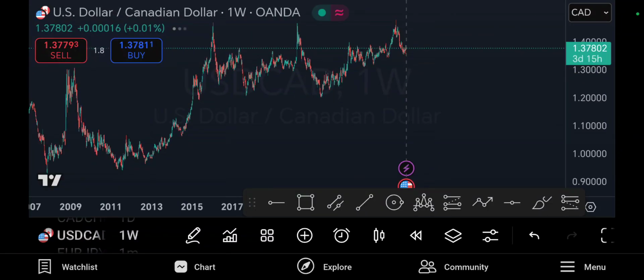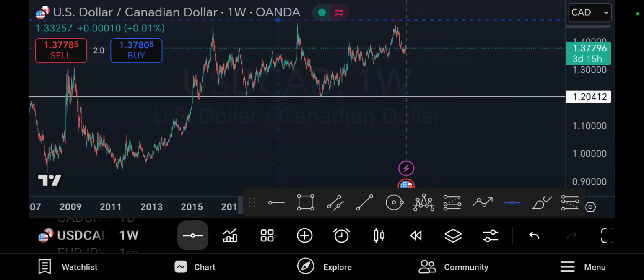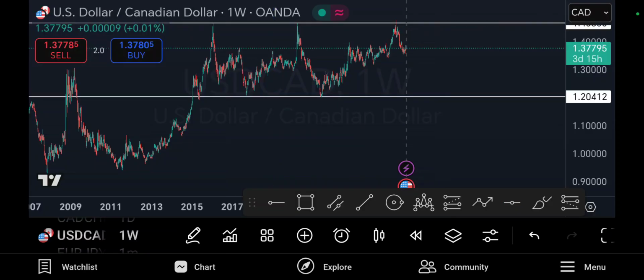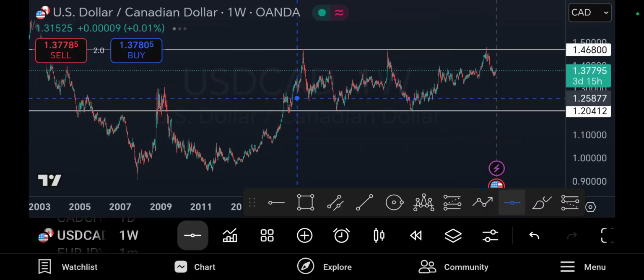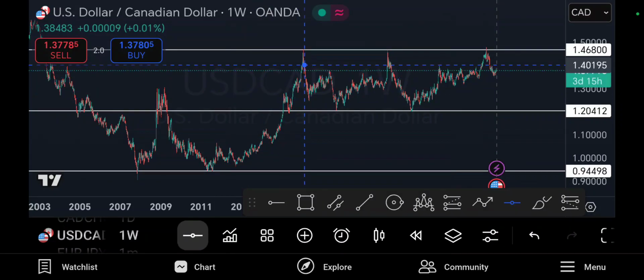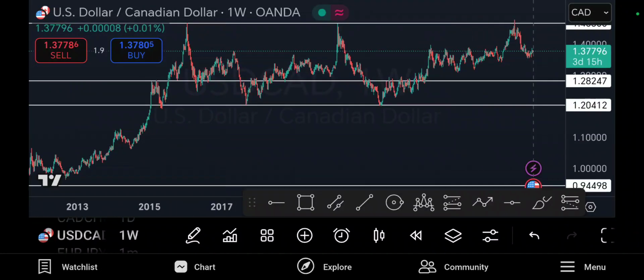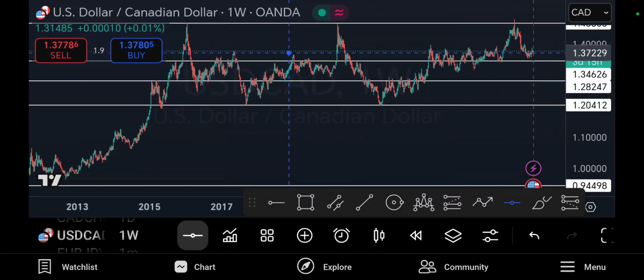Moving right along to USDCAD. We can see that it consolidates a lot. At the moment, it's in this area here. We can have this lowest point marked out for future reference. There's a zone there, there's a zone here, and also a zone here.